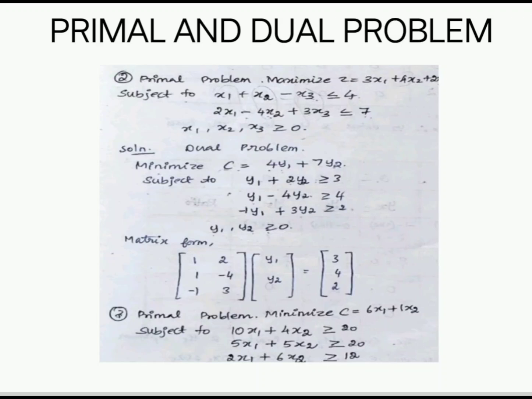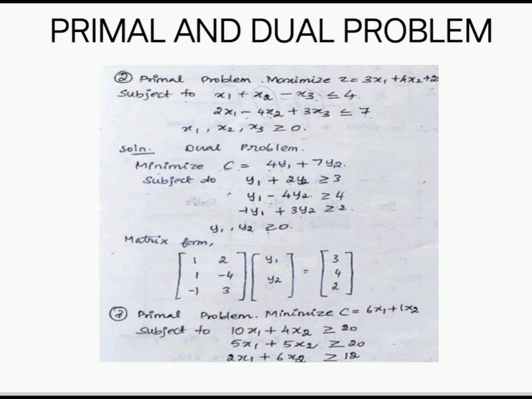That is, y1 plus 2y2 greater than or equal to 3, y1 minus 4y2 greater than or equal to 4, minus 1y1 plus 3y2 greater than or equal to 2, and y1, y2 greater than or equal to 0 is the non-negativity condition.